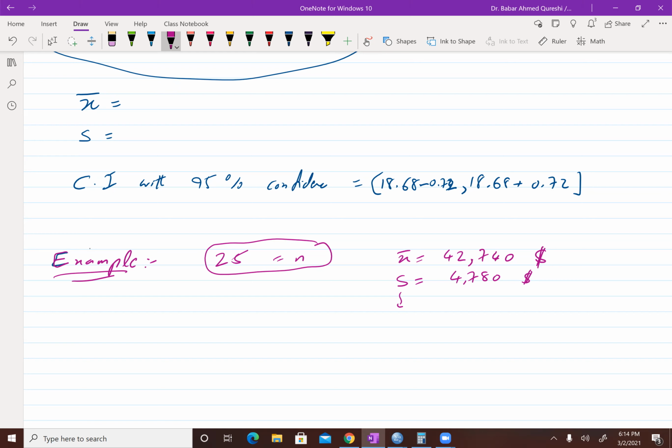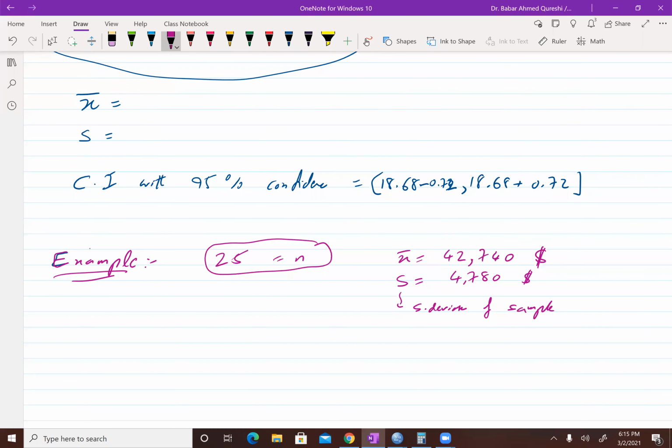Here we don't know what is the standard deviation of the population. This is the standard deviation of the sample, not the standard deviation of the sample mean. Standard deviation of the sample: you picked one sample, and whatever standard deviation you compute from those numbers is the sample standard deviation.